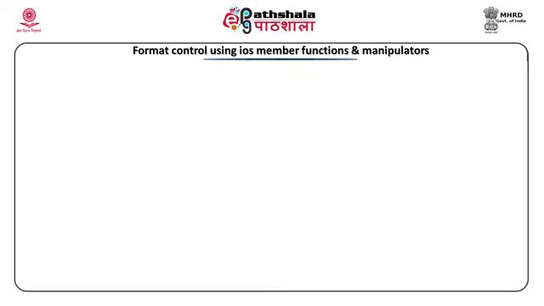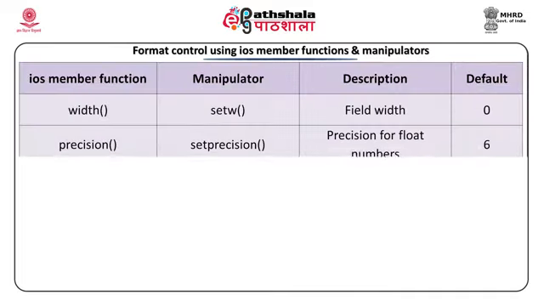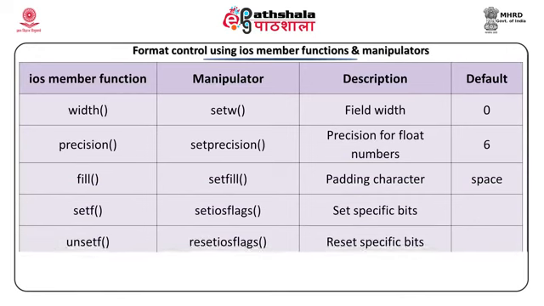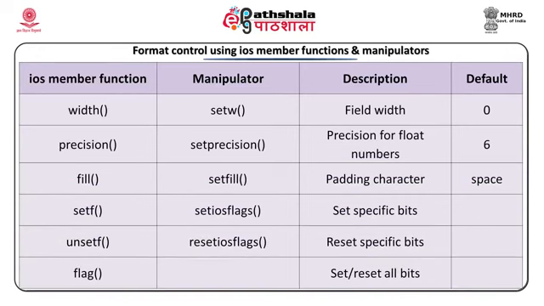So let us see what we will study here in formatting. We will use the member function width to set the width and the manipulator setw. To set the precision, we will use the member function precision and the manipulator setprecision. To specify the fill character, for filling extra spaces, we will use the fill member function and we can use the setfill manipulator.